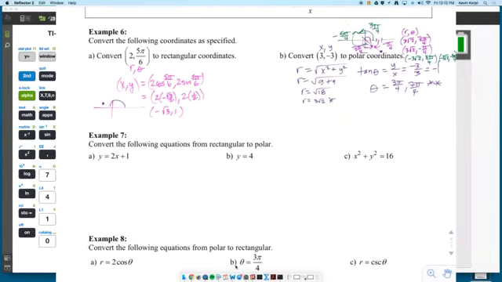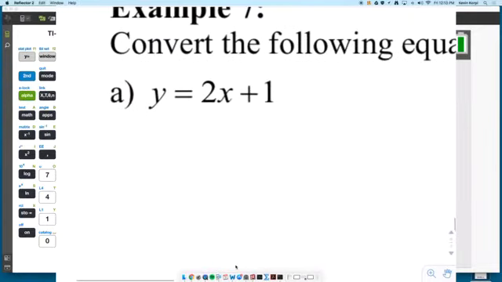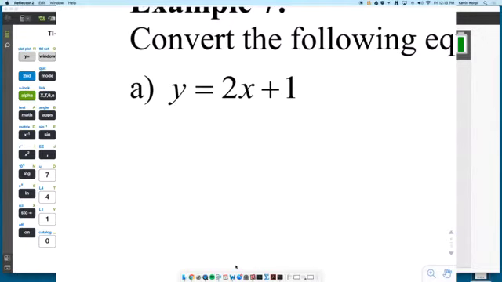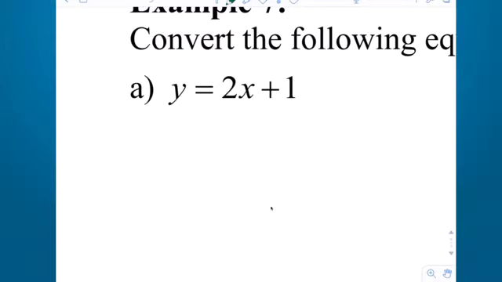We now want to convert actual equations, and we won't maybe get through all of these. So the line y equals 2x plus 1 in rectangular form has a polar equivalent. How in the heck are we going to figure out what the polar equivalent is to this rectangular equation that we know so well? What can I use? I want to get rid of the x and y and somehow introduce equivalently an r and or a theta.